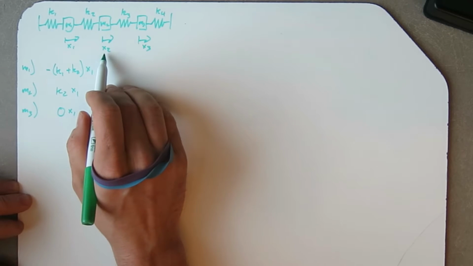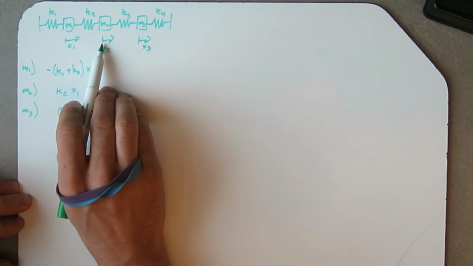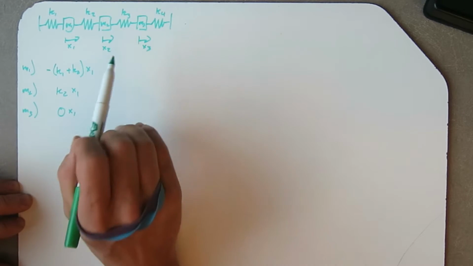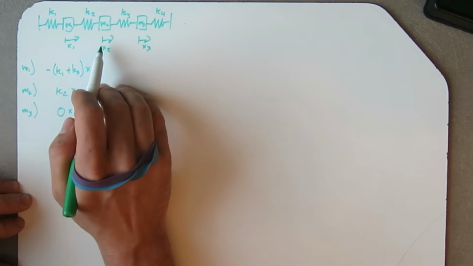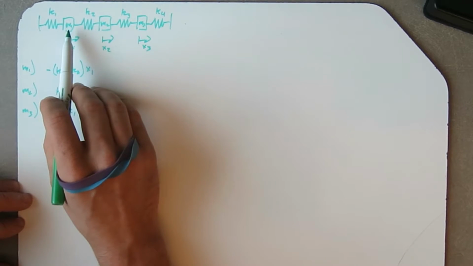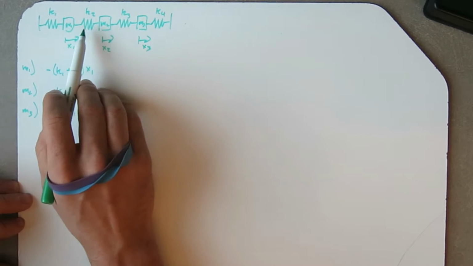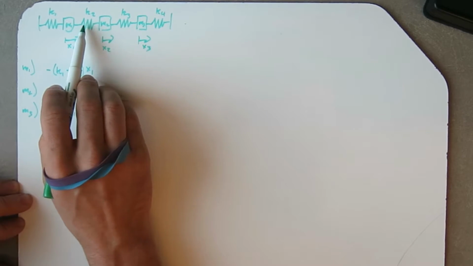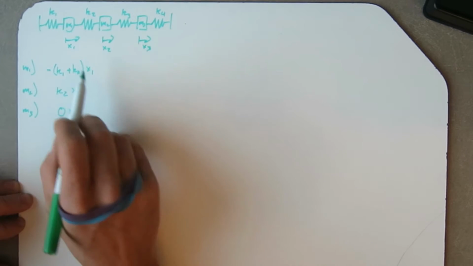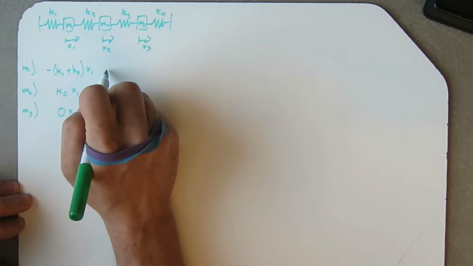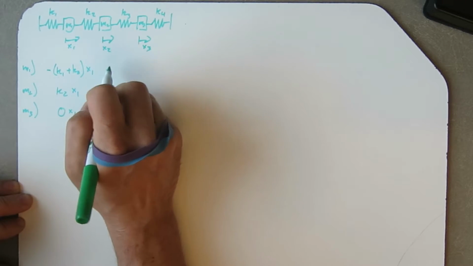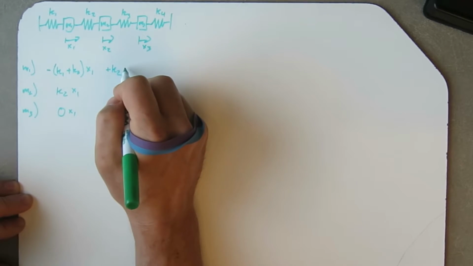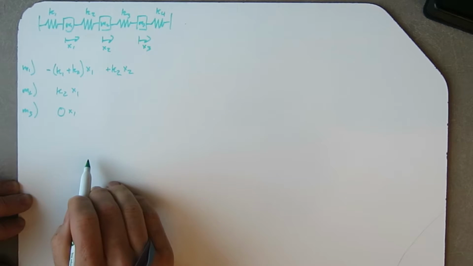All right, now let's go to x2. If we displace x2 positively, first we'll talk about M1. M1 will feel a pull from K2. X2 displaced positively, K2 will stretch out and want to pull M1 along with it. So we'll get a plus K2 x2 here.